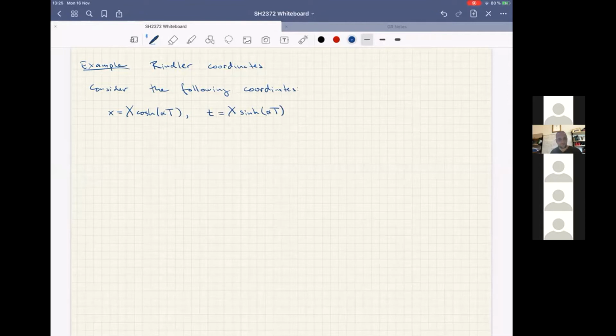It also reminds you probably of the homework set, where we introduced these coordinates on Euclidean space. But here we're going to work with Minkowski space.